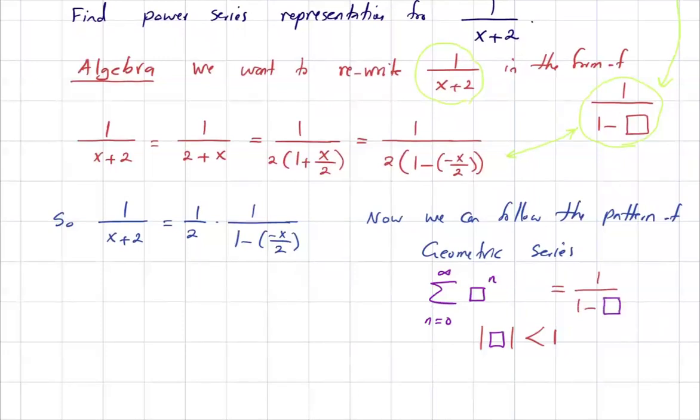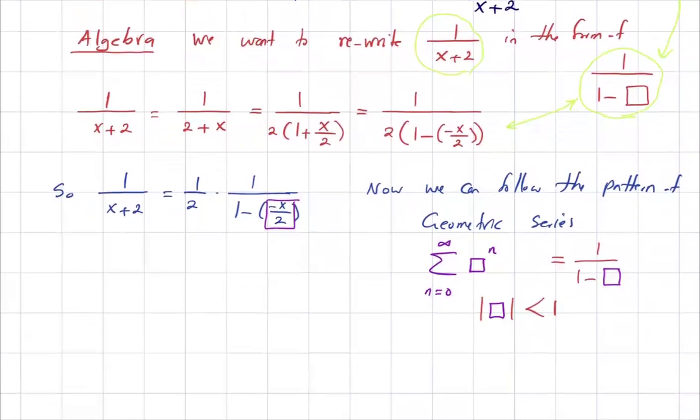The quantity here, as you see, is negative x divided by 2. So let us just fit that into this.